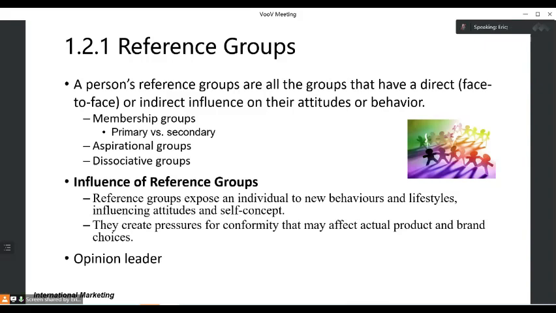So how to sell more of your product? You should find the reference group. If you are a sportswear company and you want to sell sportswear clothing to students, how to sell more? You find some interesting reference groups, like a Kung Fu group, a basketball group, or a football group.